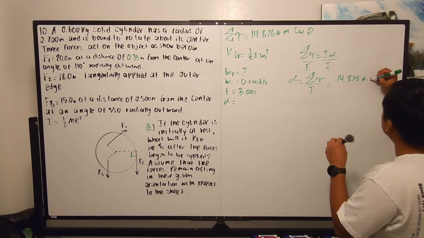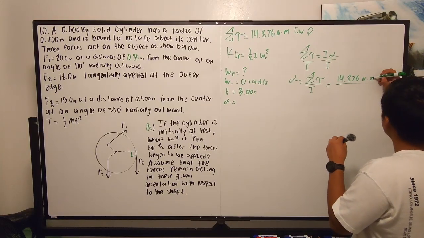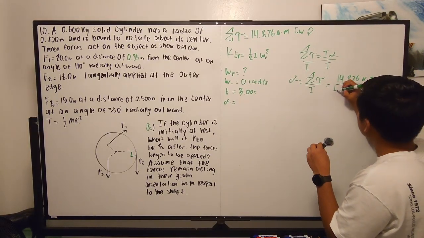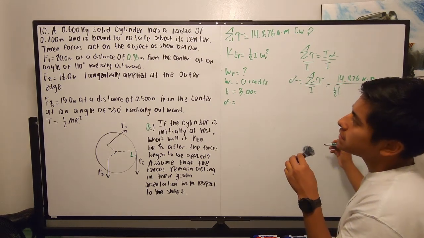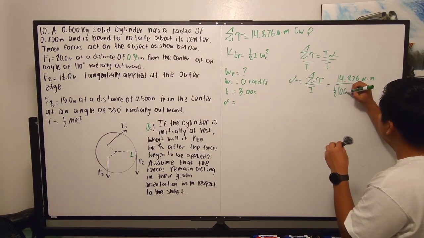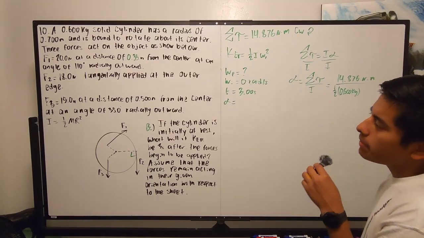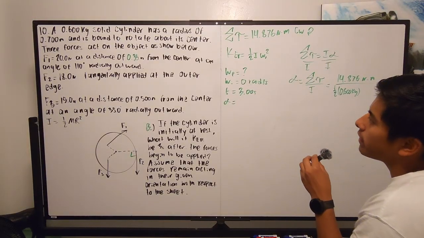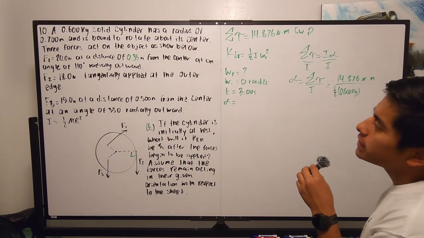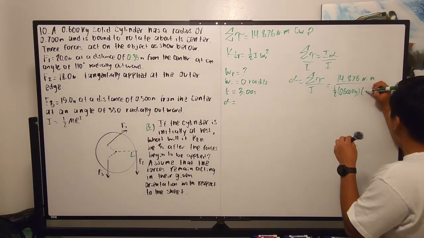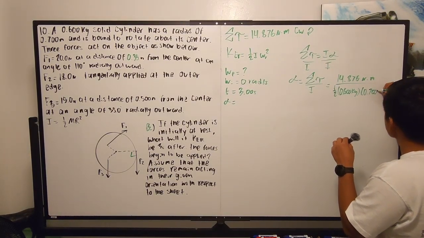which is 14.876 Newton meters all over the moment of inertia, which is 1/2 the mass, 0.6 kilograms, multiplied by r squared, where r is the radius of the cylinder, 0.7 meters, squared.